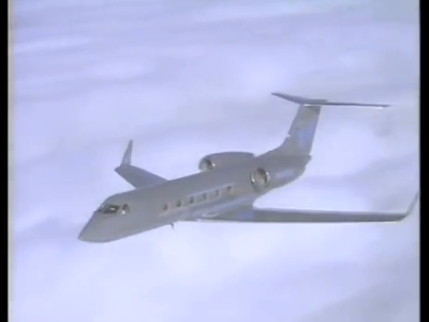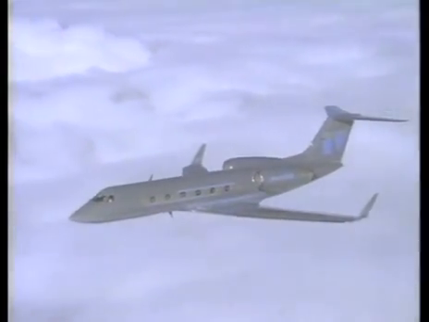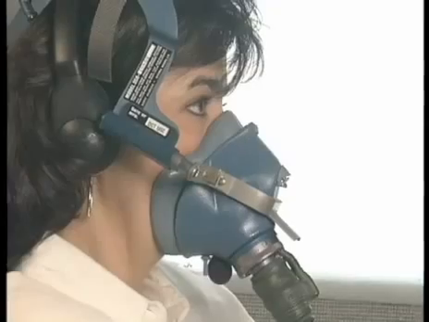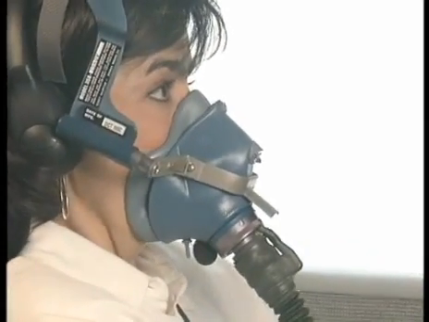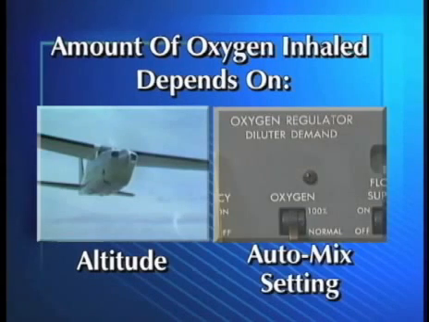With increased aircraft technology and altitude ceilings, two additional masks were developed. The diluter demand mask is designed to facilitate an air and oxygen-tight seal to the face. The amount of oxygen inhaled through the mask is dependent upon the altitude and the setting of the auto-mix lever.